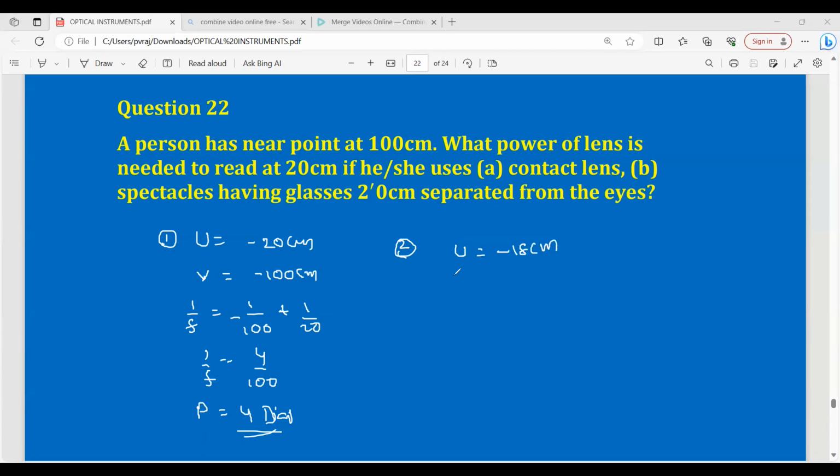And v equal to, again, it has to form the image at minus 100 centimeters. Then by using the same formula, 1 by f equal to 1 by v minus 1 by u. This will be plus 1 by 18.